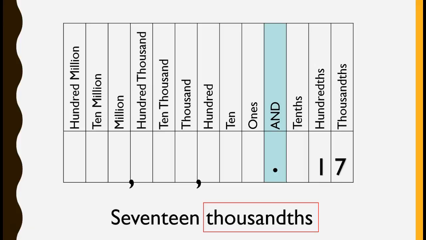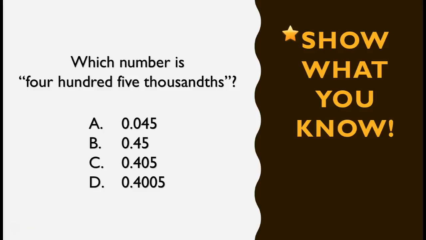But I can't stop there. I need that important placeholder right there. And that would represent 17 thousandths. Okay? All right, so now I'm going to let you have a turn. Which of these 4 numbers is 405 thousandths? What do you think?